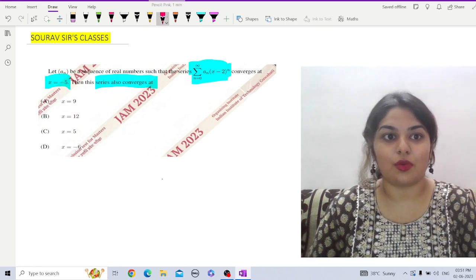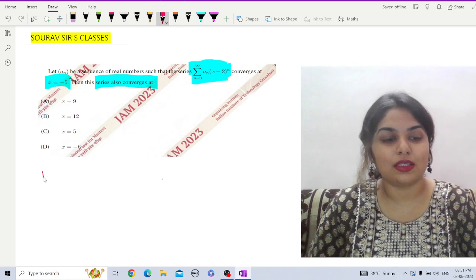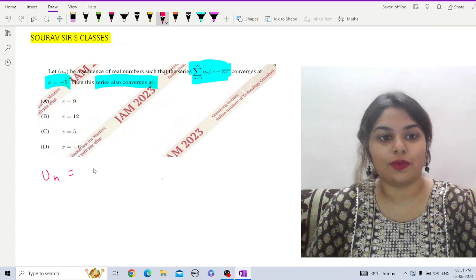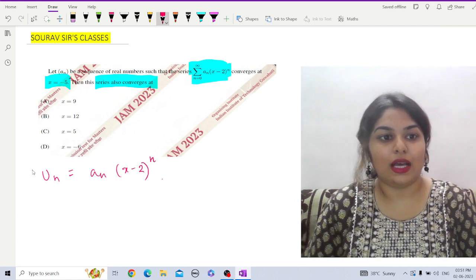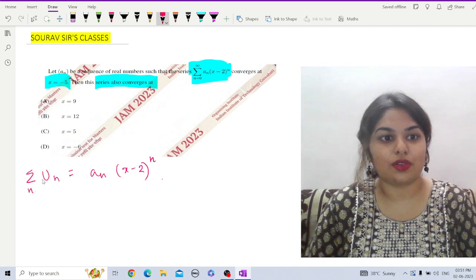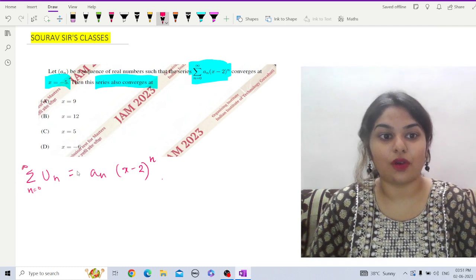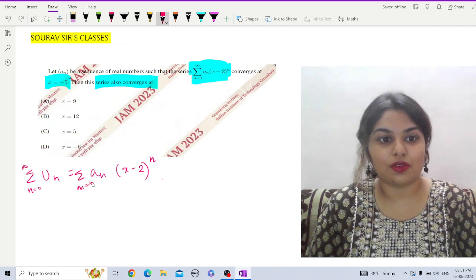So first, let us write down, let the series term u_n be represented by u_n equals a_n (x minus 2) whole to the power n, and we have the summation from n equals 0 to infinity.